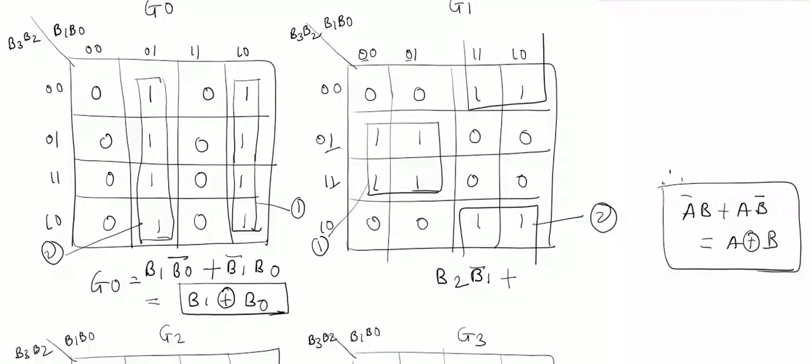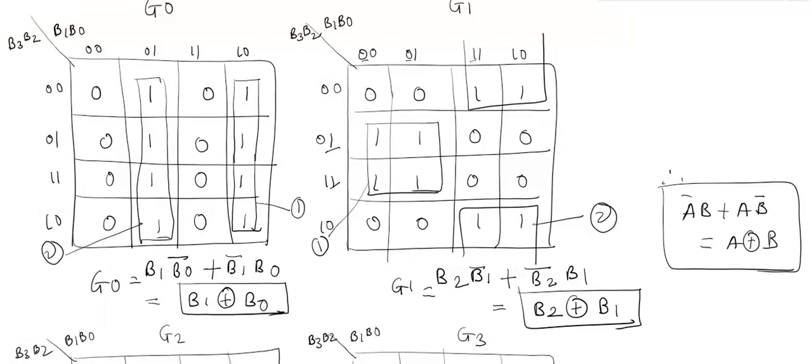Plus, group number 2 is representing horizontally common variable B2 bar and vertically common variable B1. Now the expression representing G1 is B2 B1 bar plus B2 bar B1. Now again we know that A bar B plus AB bar is nothing but A XOR B. So my expression is represented like this, B2 XOR B1. And this is the expression representing G1.